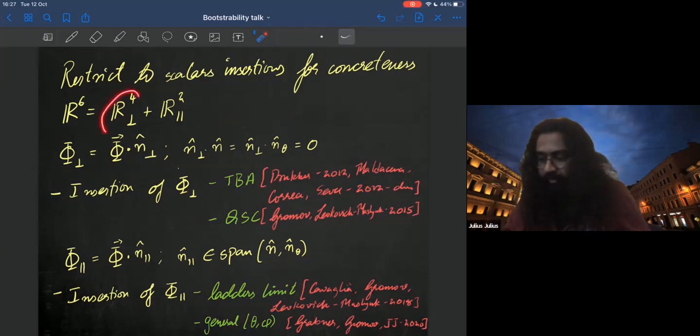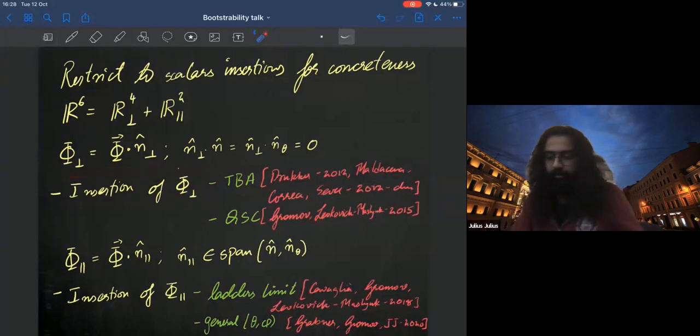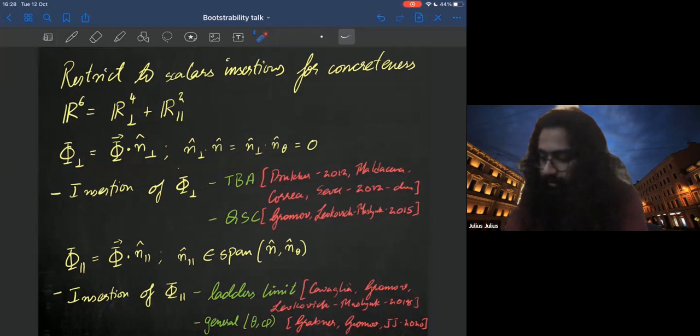So I have an R4 space of insertions which are orthogonal to these two scalars, and any such insertion is an orthogonal insertion. For a particular type of orthogonal insertions, the thermodynamic Bethe ansatz was written down by Drukker, and also by Correa-Maldacena-Sever in 2012.